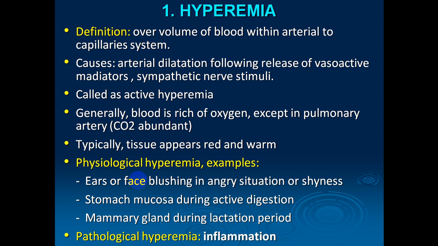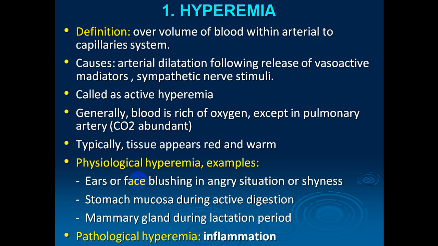That's so normal. And also you can find hyperemia, for example, in the mammary arteries during lactation in cows. During active lactation, the mammary blood vessels will be enlarged. It also refers to physiological hyperemia.